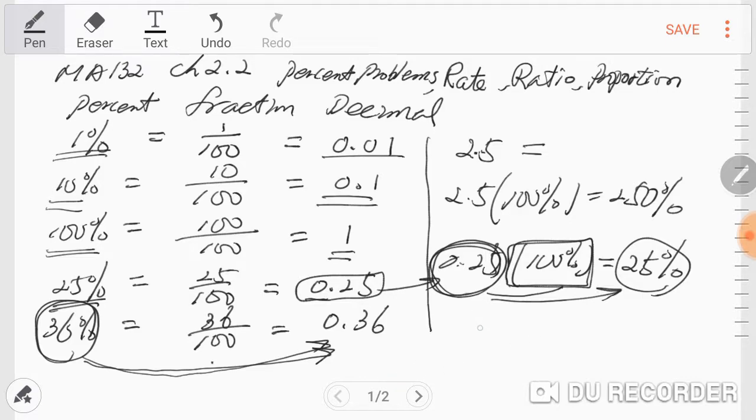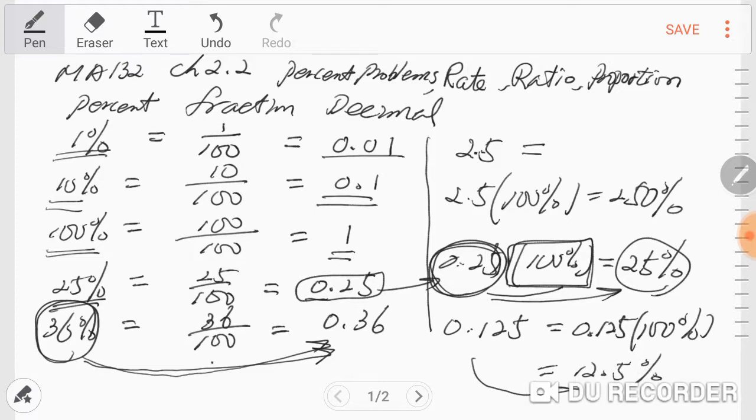Let's do one more time. 0.125 is equal to what? Multiply 0.125 by 100%, then 12.5%. So multiply the decimal by 100%, that becomes percent.